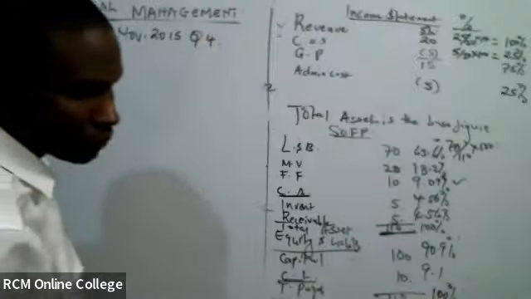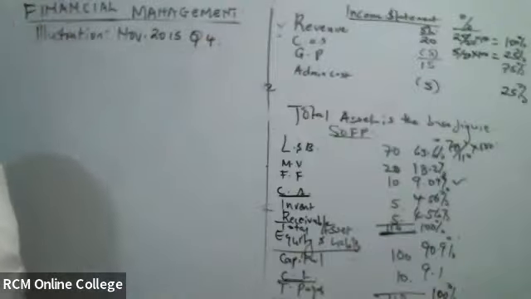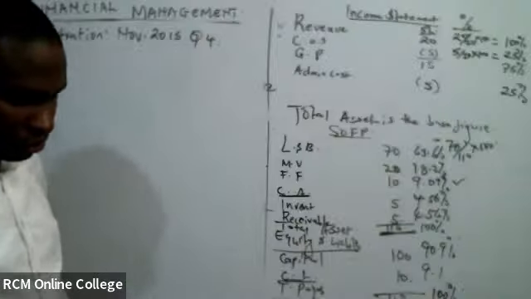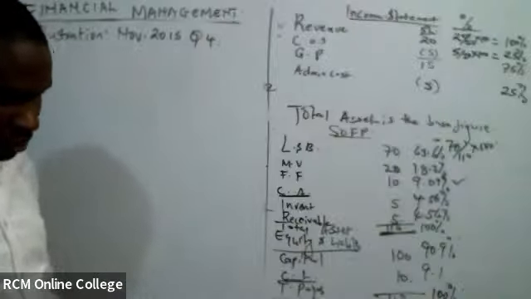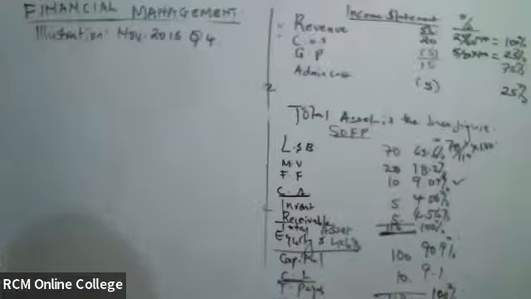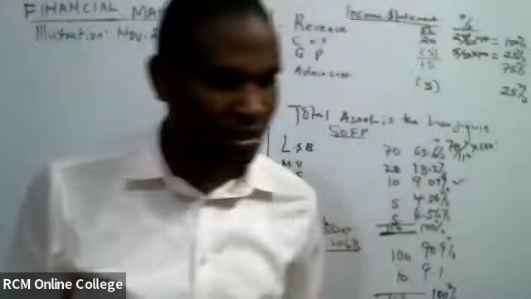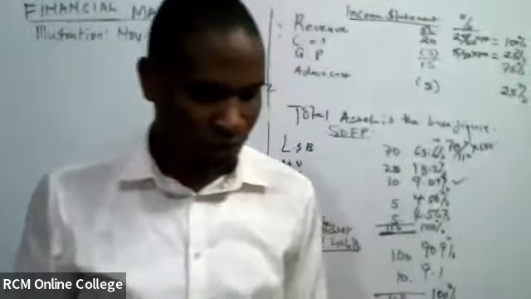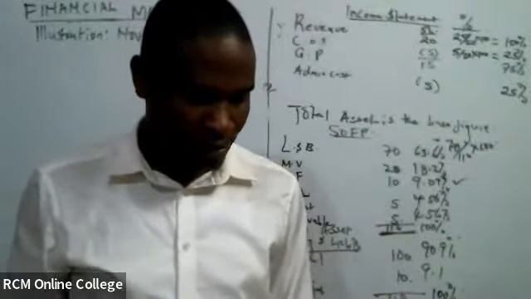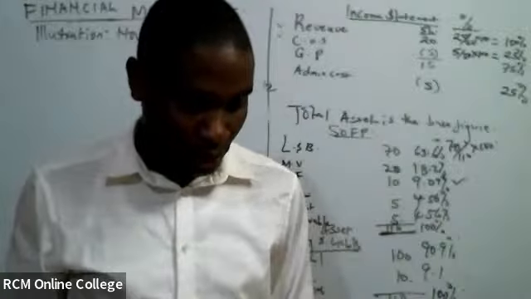November 2015, question number 4. That is the question that you can do very fast because it's just a simple question.